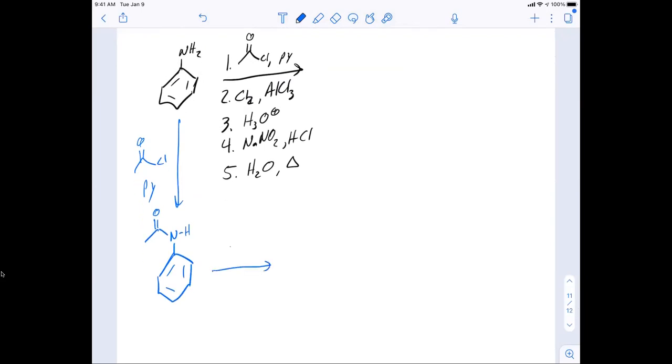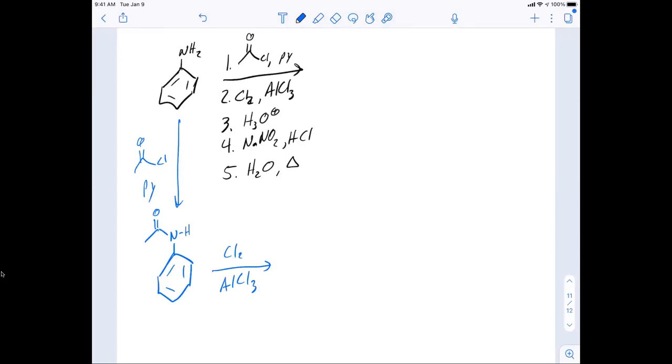Why do we need to protect the amine? What would happen if I added chlorine and AlCl3 with an amine? AlCl3 is a Lewis acid. Amines are Lewis bases, so the amine would react with the aluminum and form a positive.